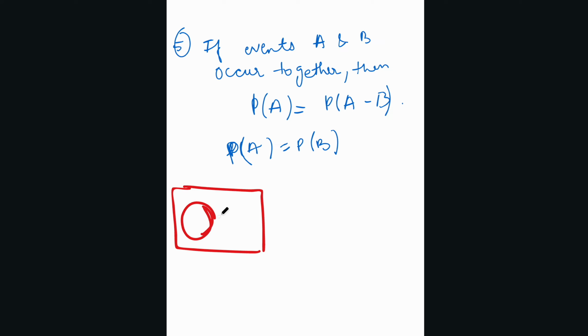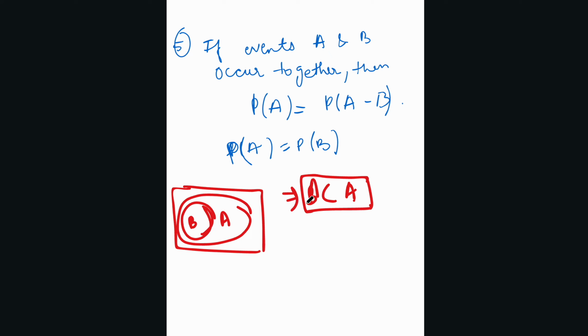This is my A, this is my B, and this is my A. Now we know B is a subset of A, then we are saying this is what we have said.